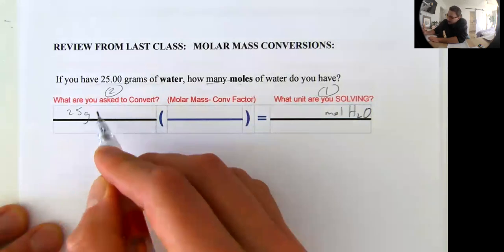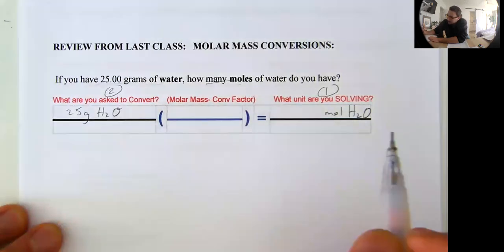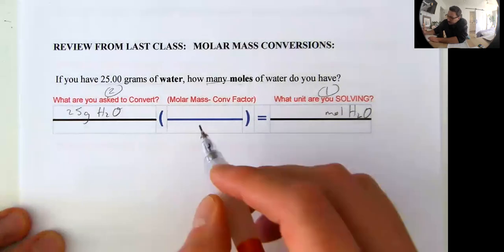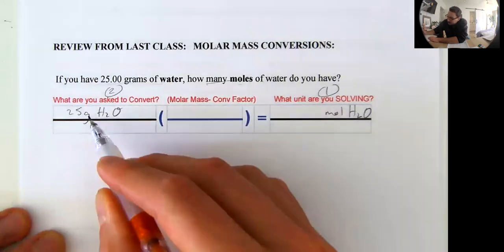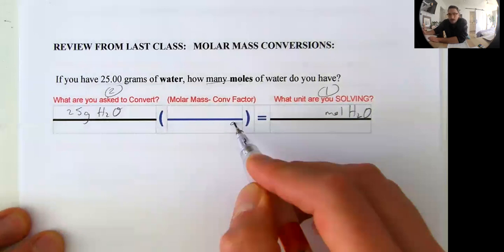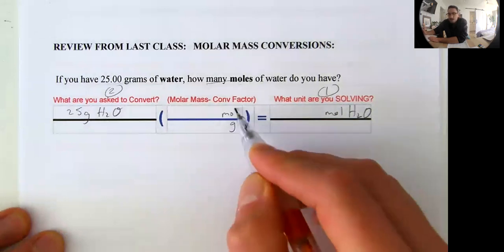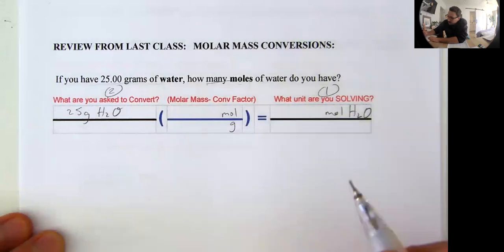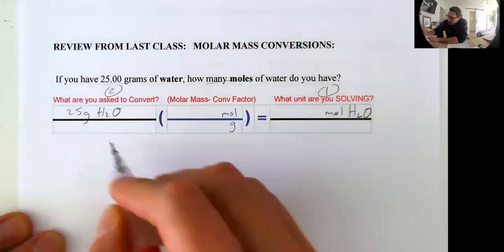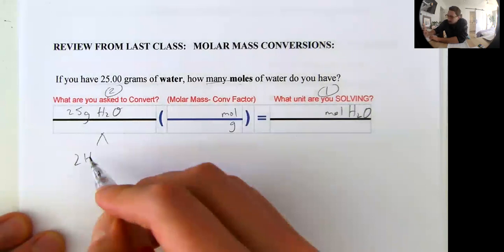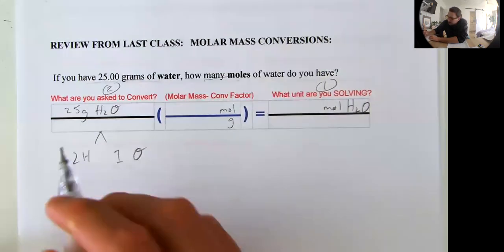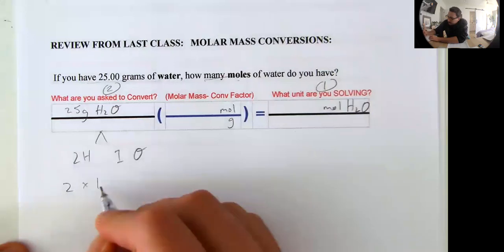And right in here is the molar mass conversion factor, where we need to convert from the unit grams to the unit moles. So the grams needs to be canceled and the moles needs to be kept. How do we know the correct values to put in those spaces? Well, we have to know that there's 2 hydrogen atoms and 1 oxygen atom in the molecule H2O. Then we take 2 times the molar mass of hydrogen, which is found on the periodic table.